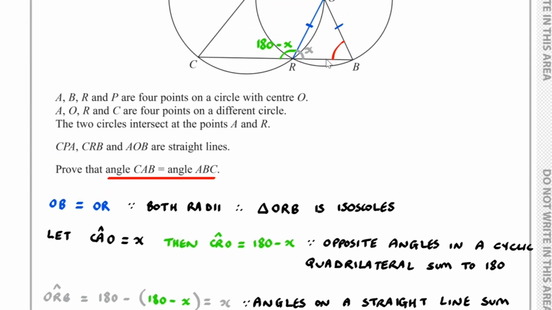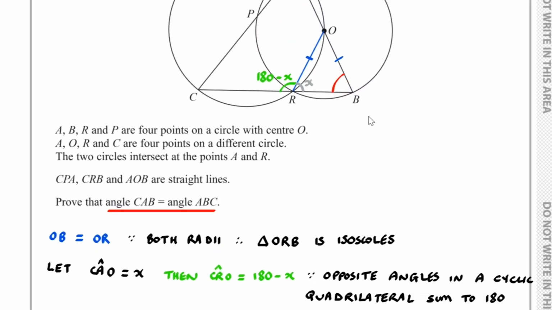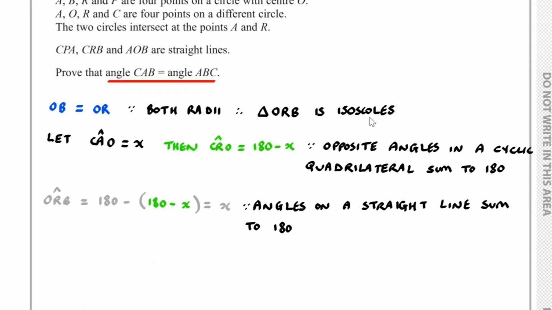So I've got x over here, and because I've got an isosceles triangle, I can conclude that the angle OBR is equal to x, and that's also equal to the angle ORB, and that's equal to x.